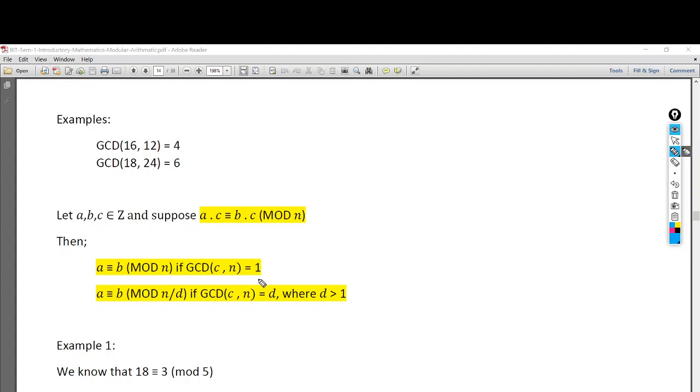So that is first rule. Okay. The second rule says A is congruent to B mod n divided by D if GCD of C comma n equal D. Right. This is when D is greater than 1. Right. So let's see some examples regarding that.